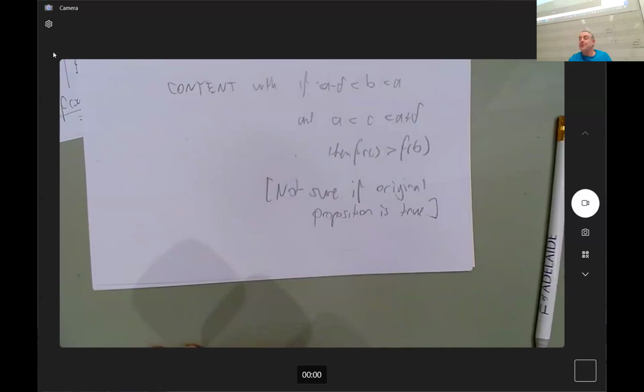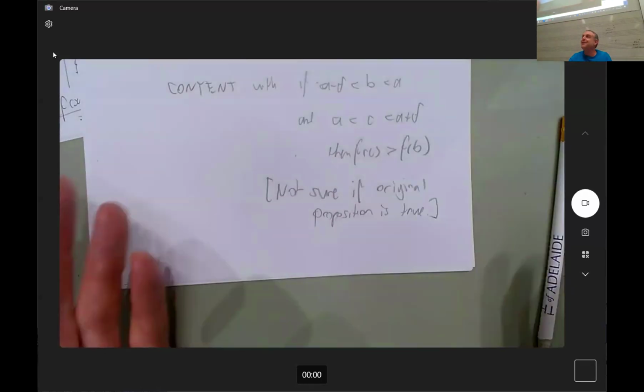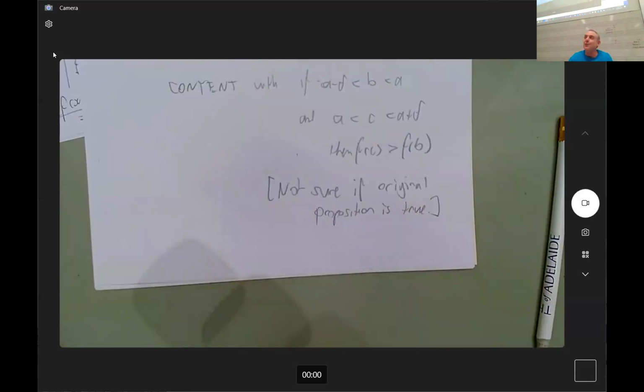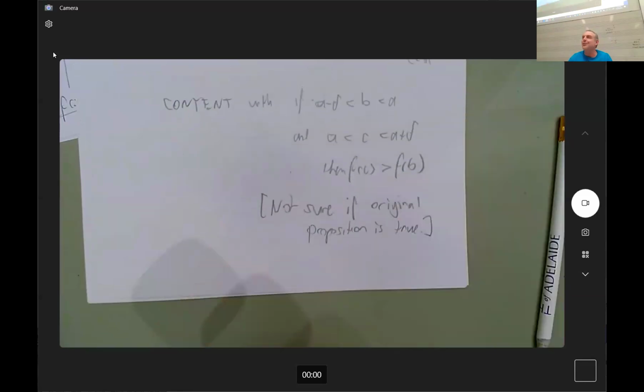And if I was in an exam and I was at this stage, I would just leave it at this and say, well, if my lecturer had asked me to prove it, I would assume that it's true. But I would get to this point and go, this is the best I can do. And I would say, I know this isn't where I was supposed to go, but it's something.